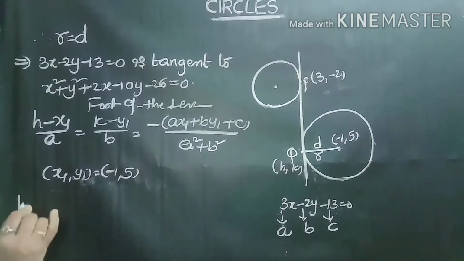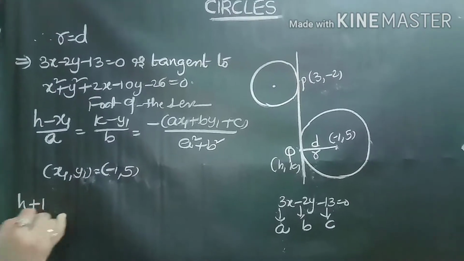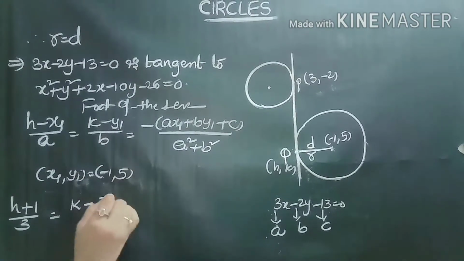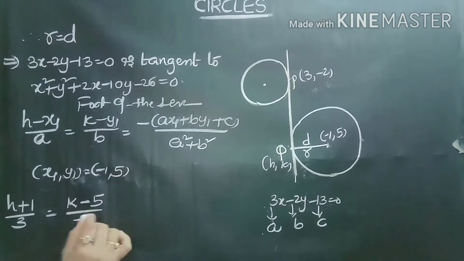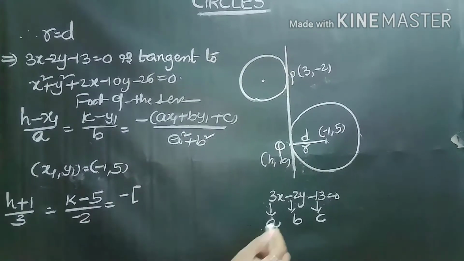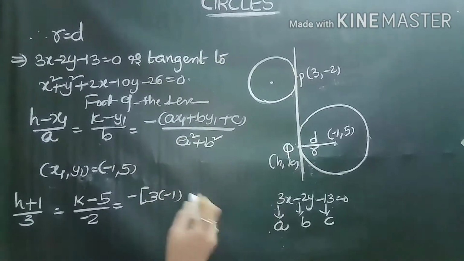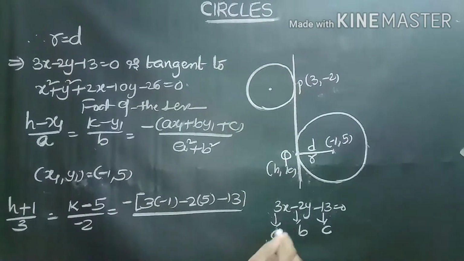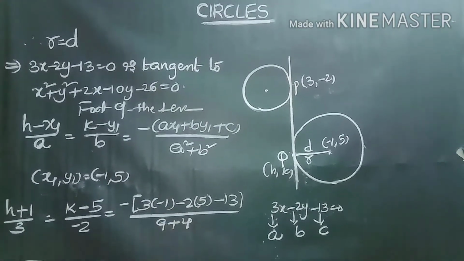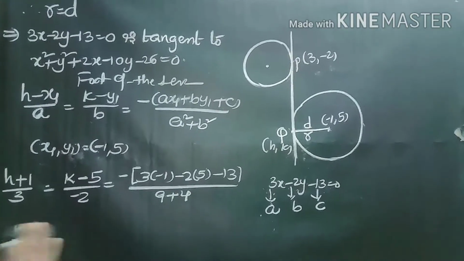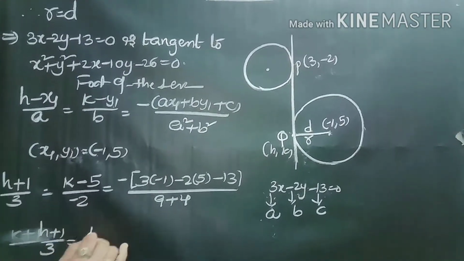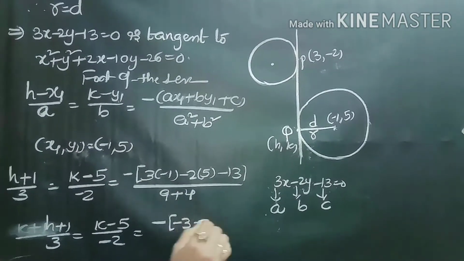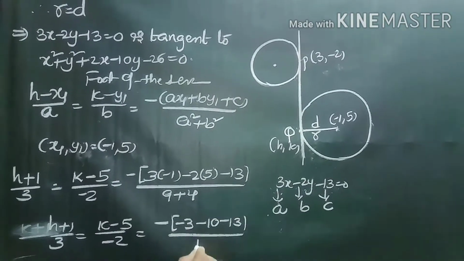Now substituting the values: (h - (-1))/3, that is (h + 1)/3, equals (k - 5)/(-2), equals minus of (3 into -1 plus -2 into 5 plus -13) by (a square plus b square, that is 9 plus 4, which is 13).